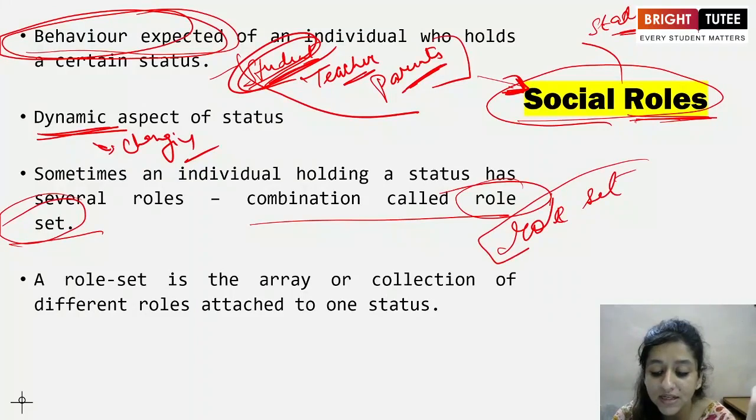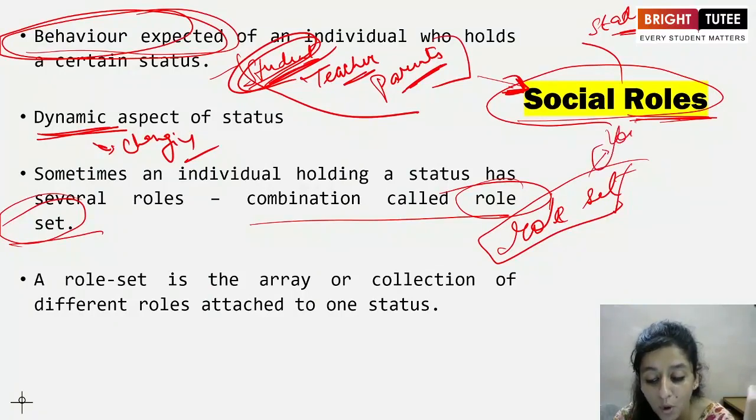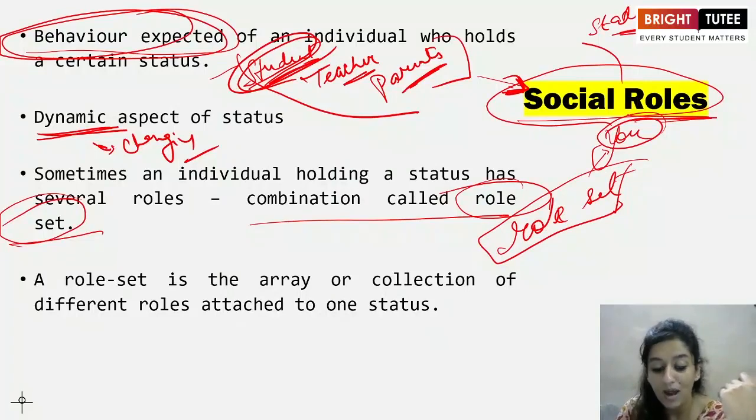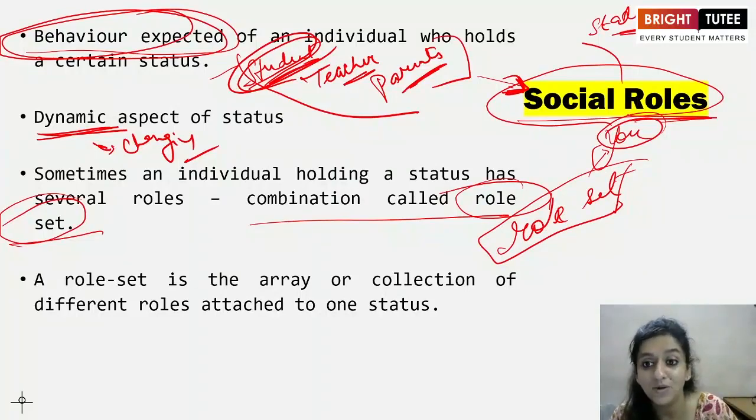So that is what I have described, taking an example of you all only: how you are students as well, how you are daughters and sons as well, how you are even friends, and if you have pets at home, how you are the caretakers.